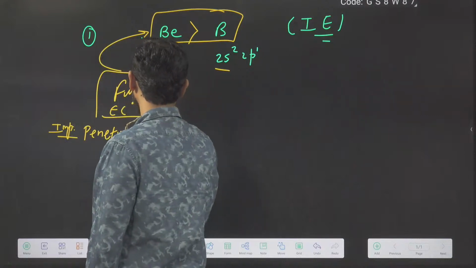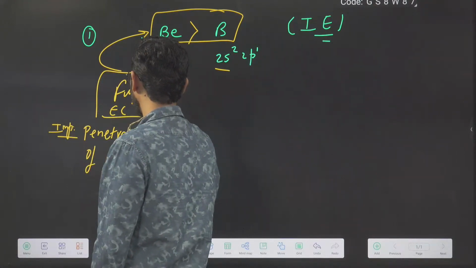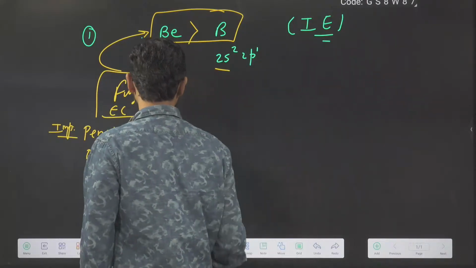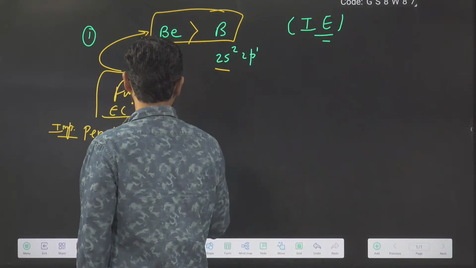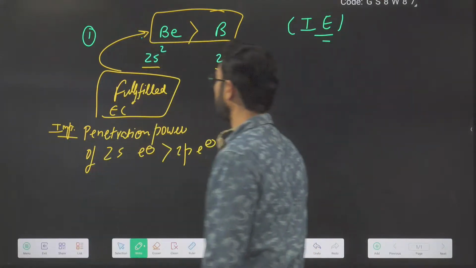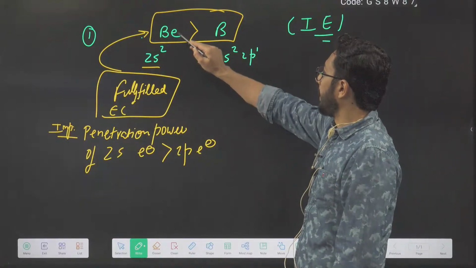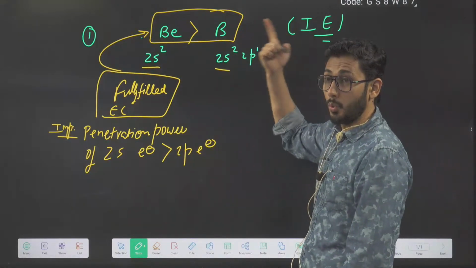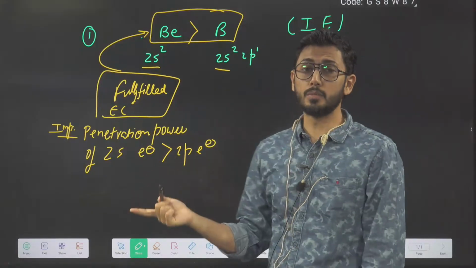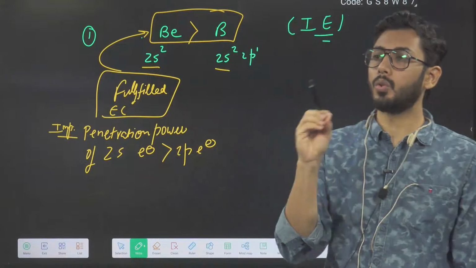The penetration power of the 2s electron is greater than the 2p electron. Clear? So beryllium shows exceptional behavior due to more penetration power of the 2s electron, meaning it is more strongly attracted by the nucleus and difficult to remove.